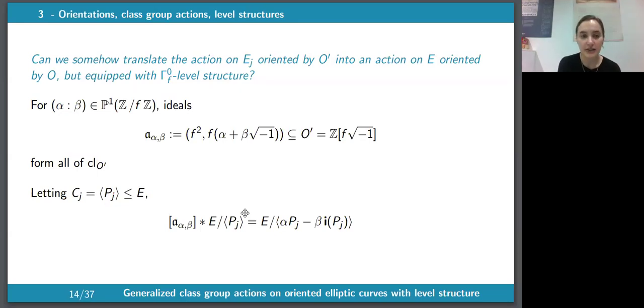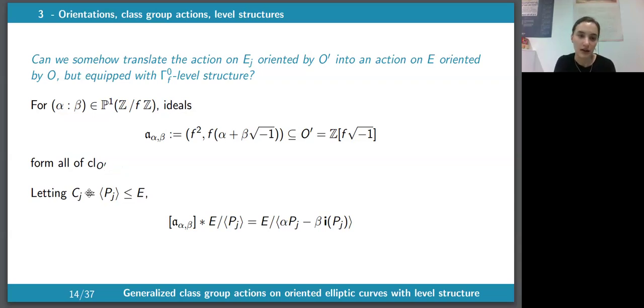So if we take ideals, let's call them A alpha beta, generated by F squared and F times alpha plus beta square root of -1, in the order O prime of conductor F in Z adjoin square root of -1, and we take these alpha, beta as the coordinates of a point on the projective line with entries in Z modulo F, then the classes of these ideals form all of the class group of O prime.